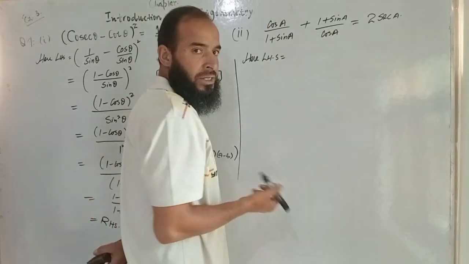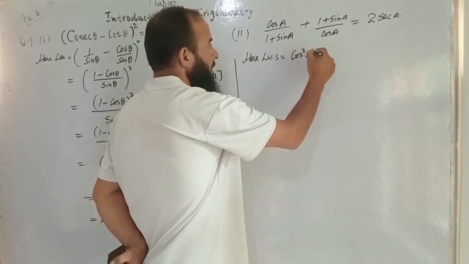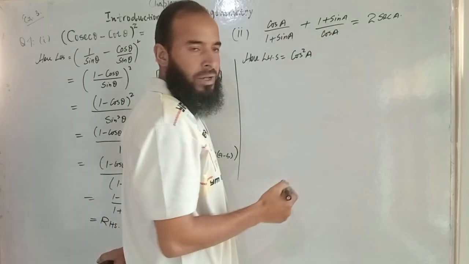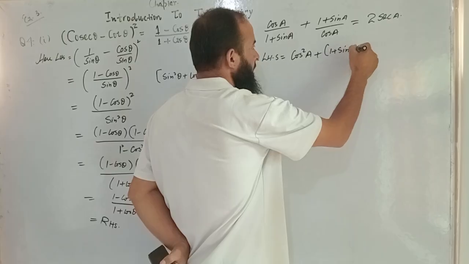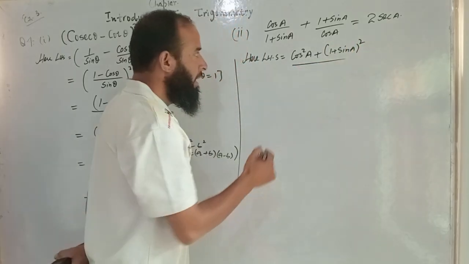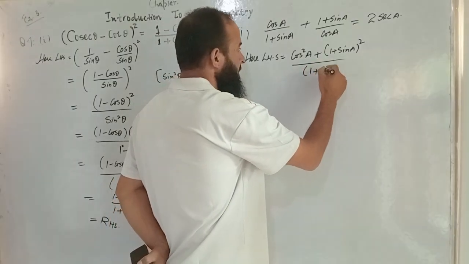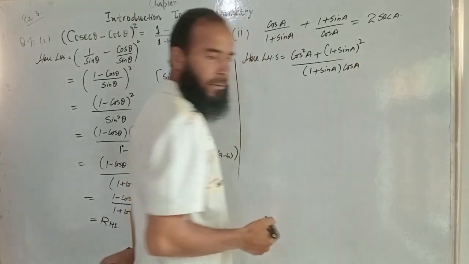By cross multiplication we get cos A into cos A, that is cos square A, and 1 plus sin A into 1 plus sin A, that is (1 plus sin of A) whole square, upon (1 plus sin of A) into cos of A.